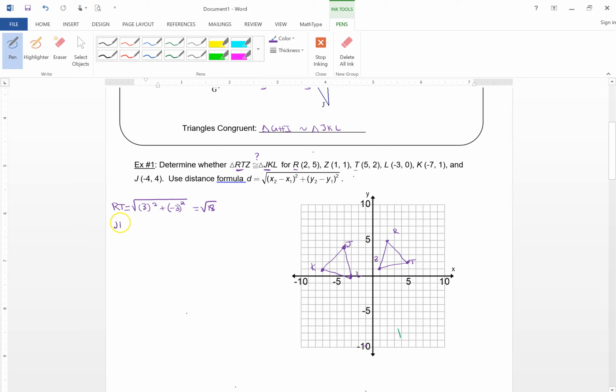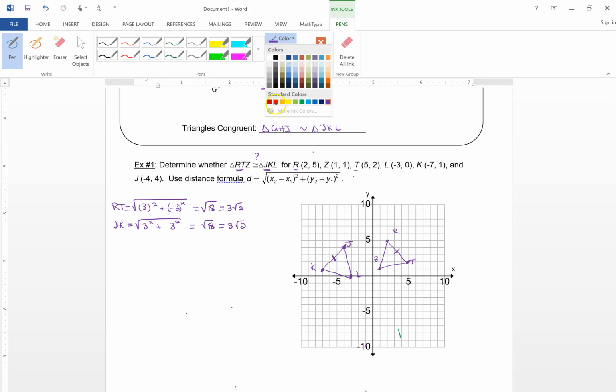JK is equal to the square root of -4 plus 7, so it's 3 squared, plus 4 minus 1, 3 squared, the square root of 18. So this is both equal to 3 root 2. So we know that RT is congruent to JK.